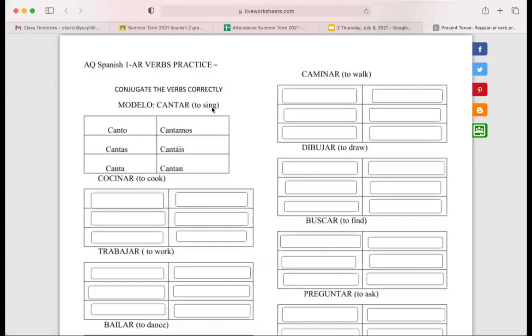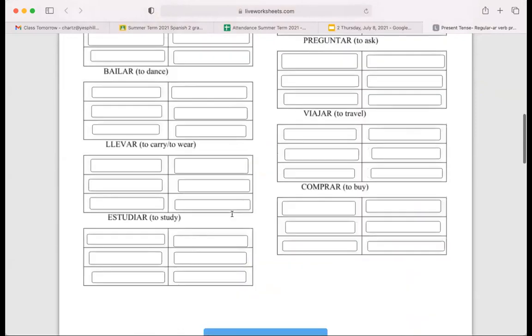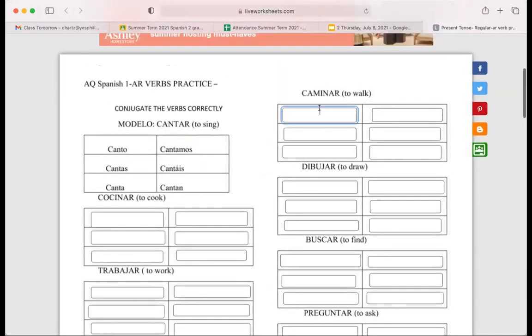You can start so people will know that means I sing, but you can also say yo canto too, and that's completely fine. Either one is correct. And then I'll just put them in here, because when you're first learning this stuff, it's easier this way.